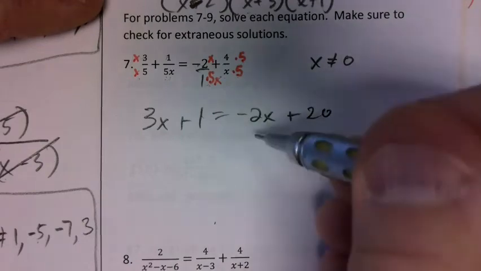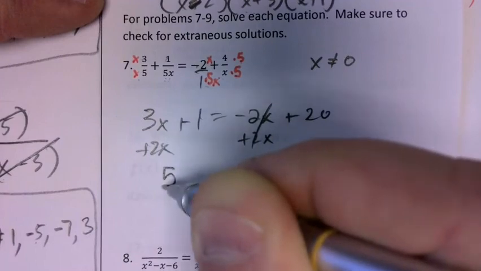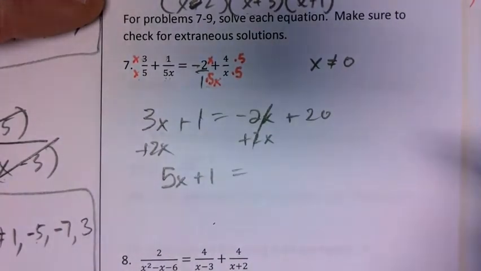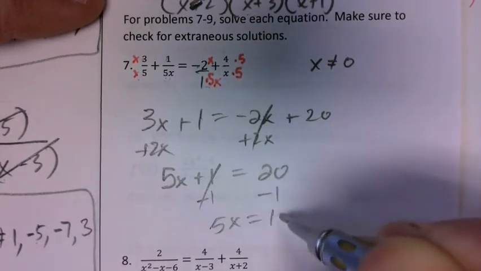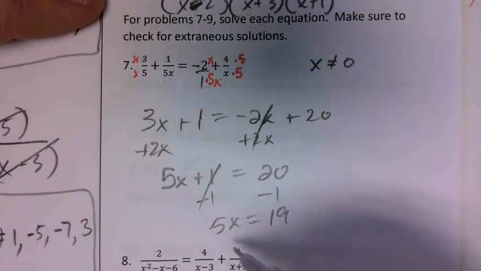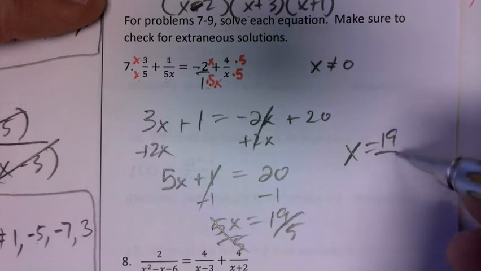Okay, cool. Let's add 2x to each side. That's gone, and I get 5x plus 1 equals 20. Subtract the 1 from each side, and I get 5x equals 19. Then if I divide by 5, I get x equals 19 fifths.